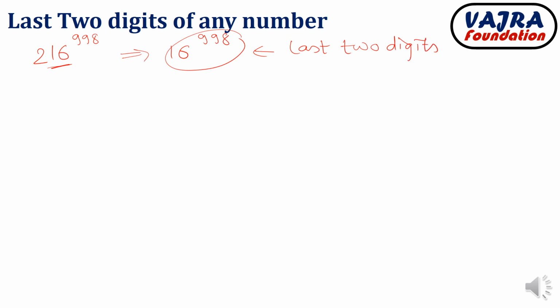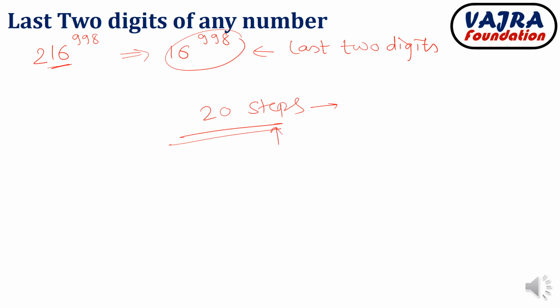In case of unit digit, we used to consider only the unit value. Remember one thing. In general, we find that in order to find the last two digits, we have to go up to at most 20 steps, and then the cycle repeats itself.